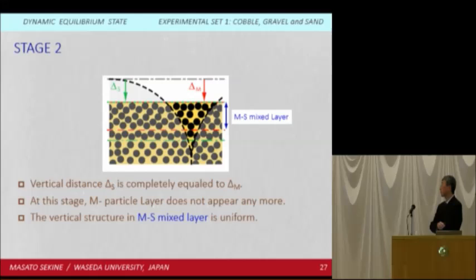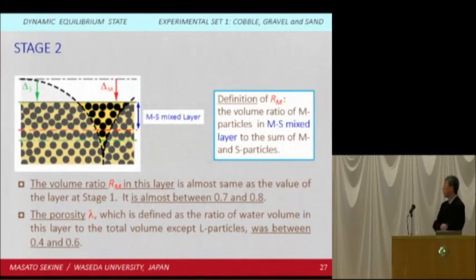The vertical structure in the MS mixed layer is uniform. The volume ratio of M, Rm, whose definition is written here, in this layer is almost the same as the value of the layer at stage 1. It's almost between 0.7 and 0.8. The porosity lambda was about 0.4.